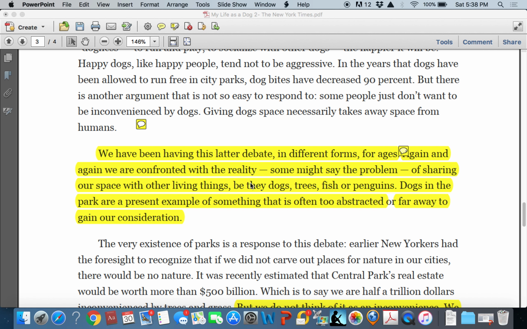Again and again, we are confronted with the reality, some might say the problem, of sharing our space with other living beings, be they dogs, trees, fish, or penguins. Dogs in the park are a present example of something that is often too abstract or far away to gain our consideration. I think that's part of the main idea.